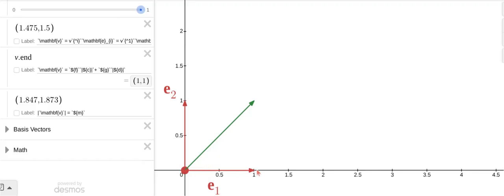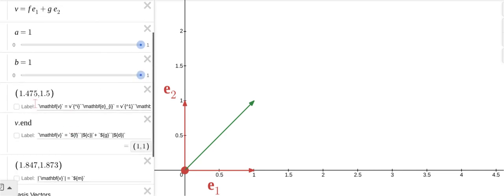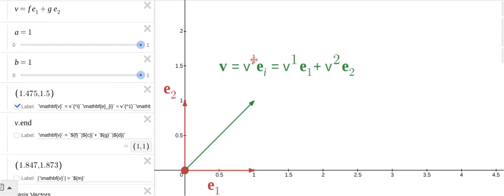Now we can use that to create an equation that describes this vector. And that's what we did yesterday by learning how to do superscripts and subscripts in the labeling part of Desmos. So we can represent this vector as a linear combination of its components and basis vectors.